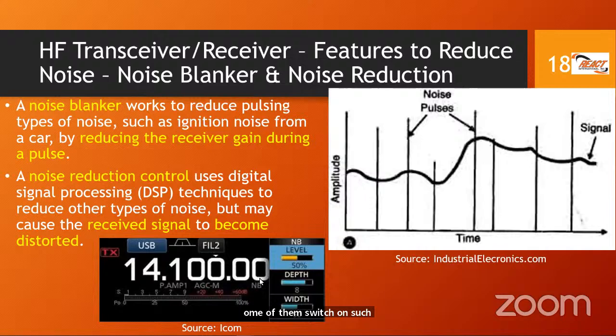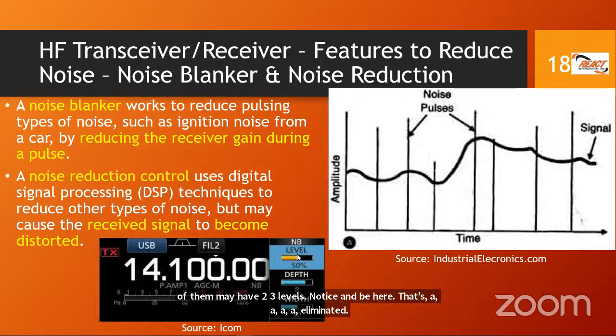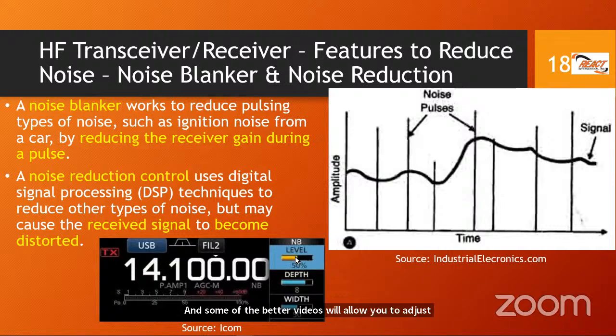Some of them switch on, switch off. Some of them may have 2-3 levels. Notice NB here that's illuminated. And some of the better radios will allow you to adjust the level of the noise blanking from 100% to 50% to 0%. So this is NB, noise blanker, and it works to reduce pulsing types of noises such as ignition noise from a car. Ignition noise meaning you have an alternator, maybe electronic ignition, maybe spark plugs.